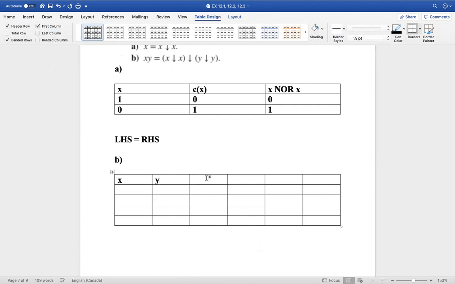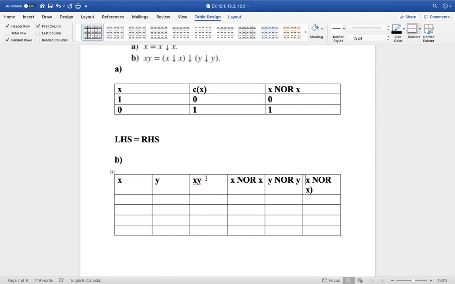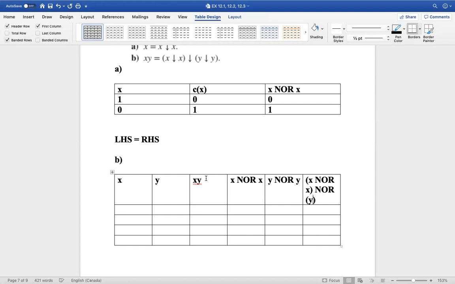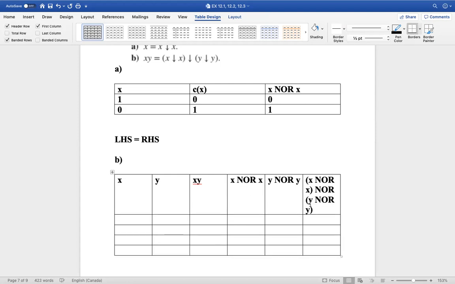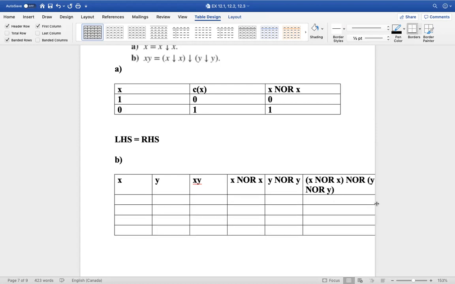So we have x, y, and then x NOR x, y NOR y, and then we take the NOR of those two. Maybe I can reduce the font size here.